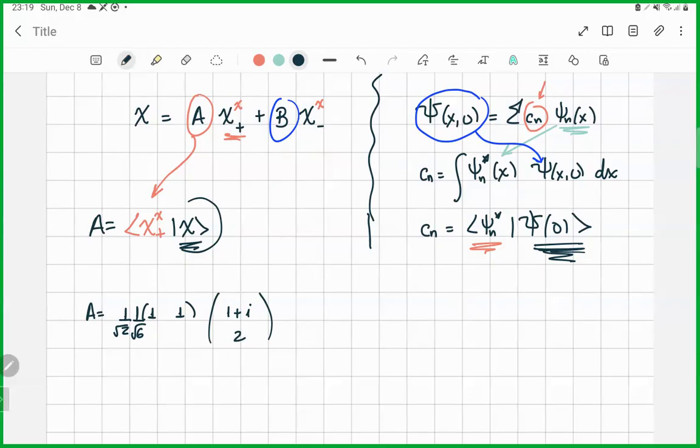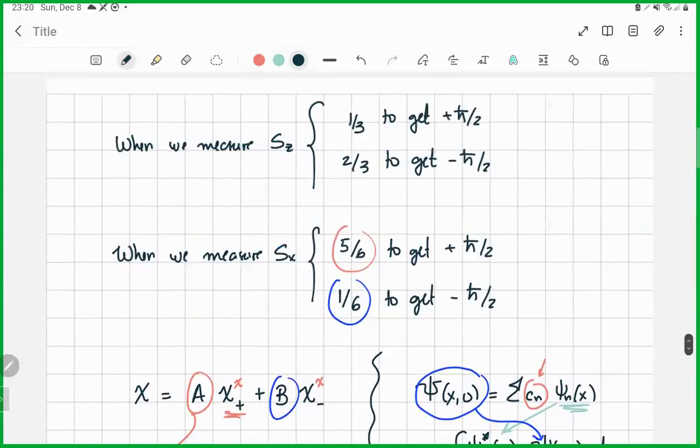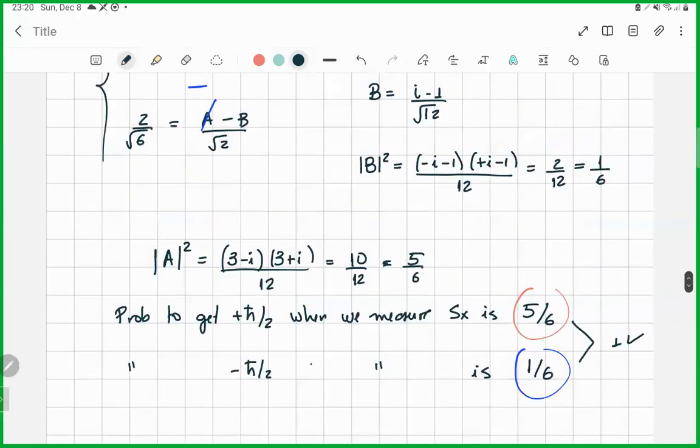So this inner product, and we'll get the A. So let's go for that. You see that the 1 over square root of 12 is already appearing as we had before. And then we just have to multiply these two vectors. So we get 1 plus I plus 2, right? Which is what we had, 3 plus I over square root of 12. Then let's have a look.